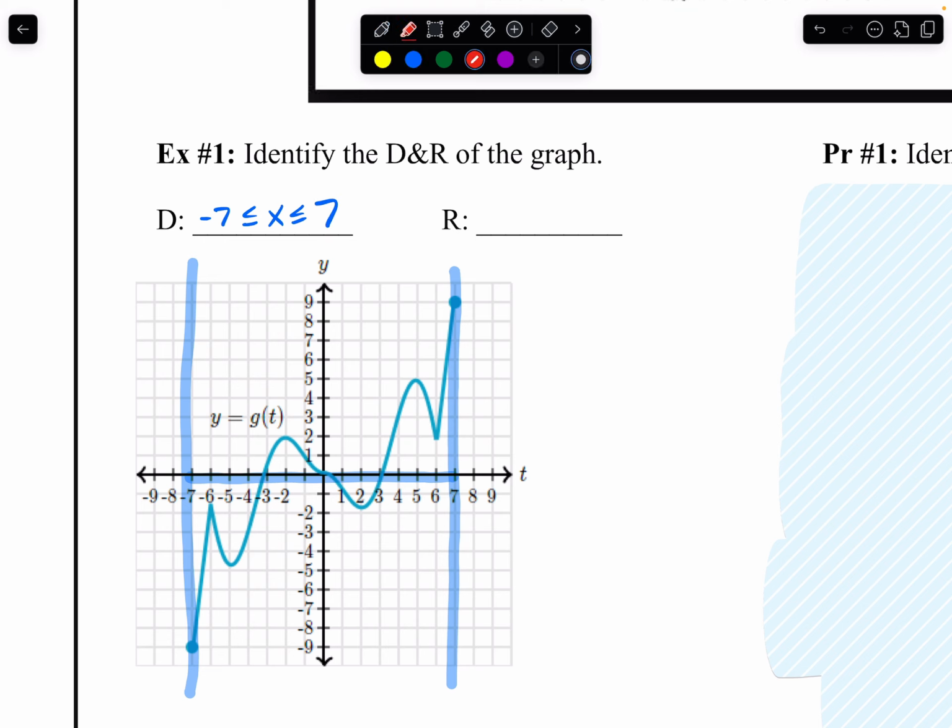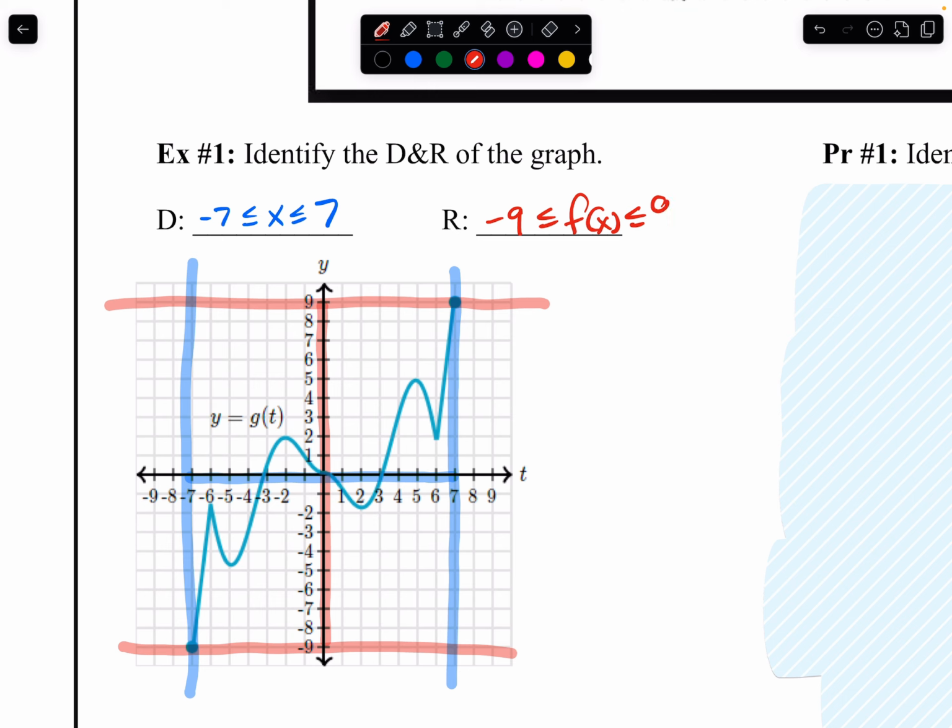All right, and then thinking up and down, the highest point on the graph is right here. The lowest point on the graph is right here. And anything in between is part of our range. So negative 9 is going to be less than or equal to f of x, or y values, which is less than or equal to 9.